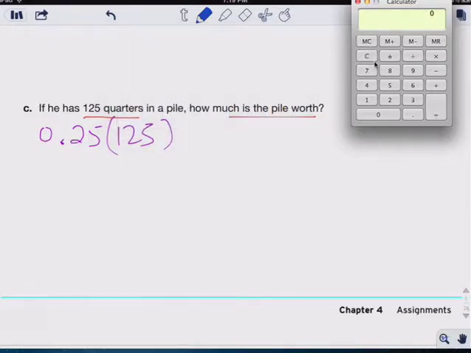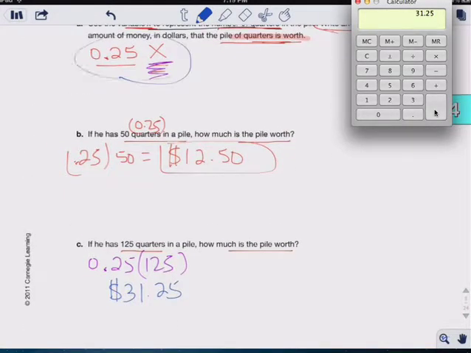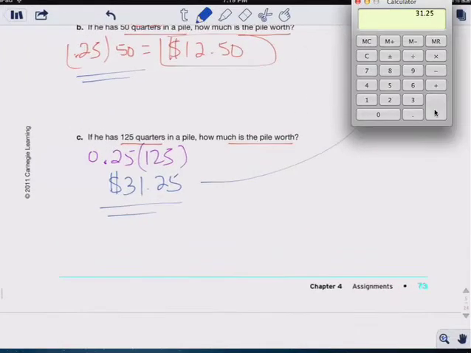Clear this out. 0.25 times 125 equals $31.25. Sometimes if you get stuck with the expression and you don't know what to write, do the answer first and then go back and see if you can write the expression afterwards. It'll make more sense to you.